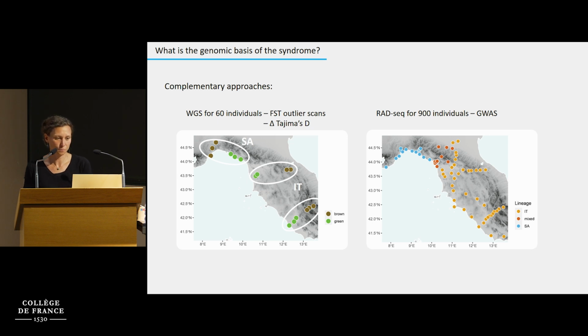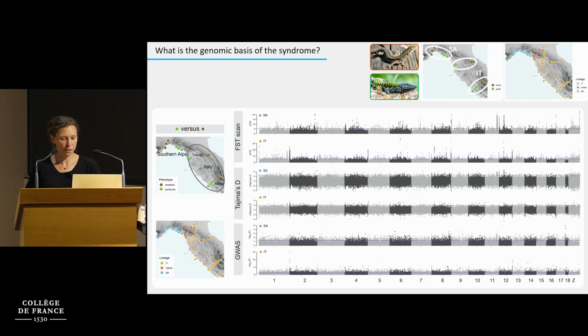So when we run all these analyses independently, and then intersect between them and ask which are the genomic regions that pop up as outliers consistently across all analyses in all lineages, then we find a single genomic region. This is one on chromosome 12.